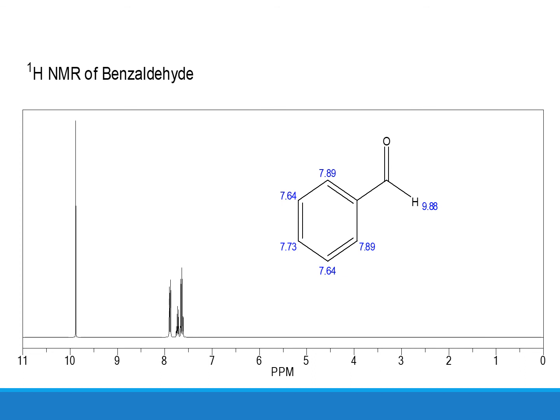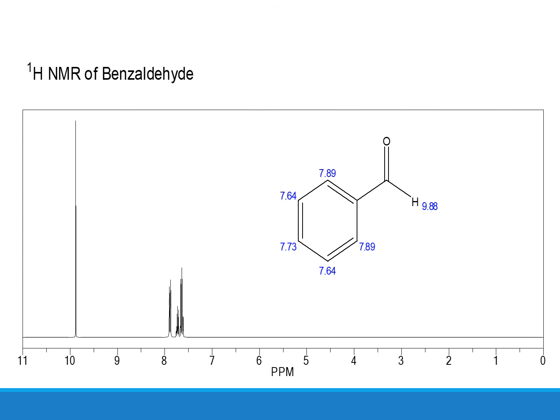So for benzaldehyde, we have a singlet for the aldehyde hydrogen, and we have doublet of doublets for the aromatic hydrogens.